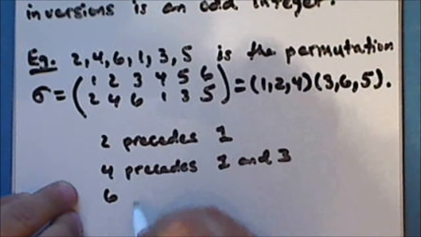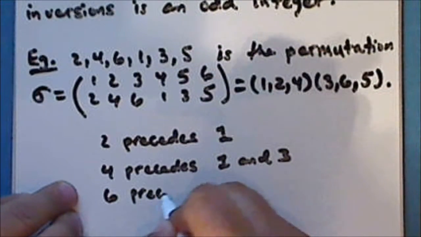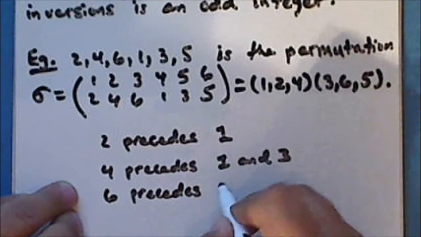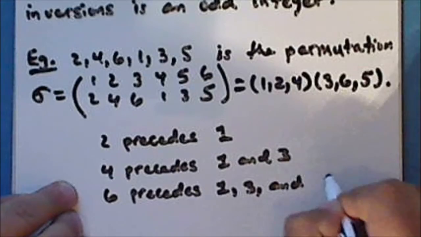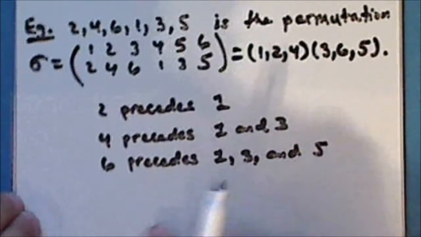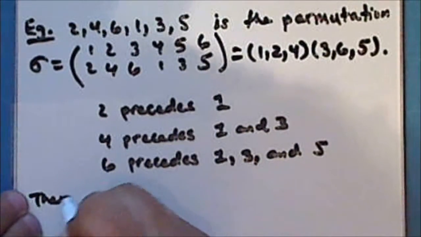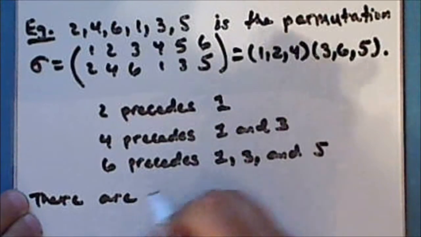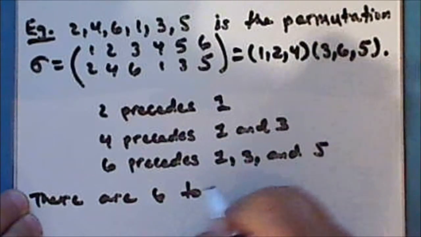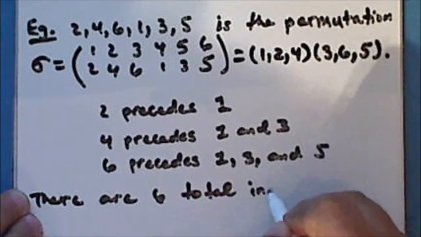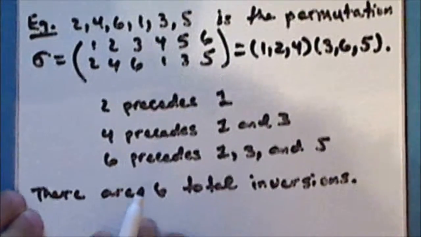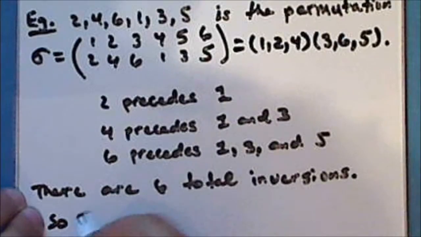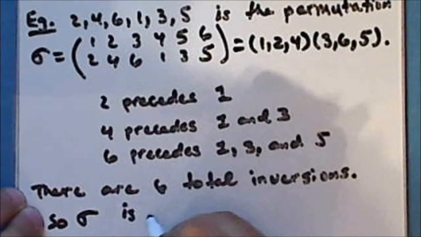And the integer 6 precedes 1, 3, and 5. There are 6 total inversions. And so the permutation is even.